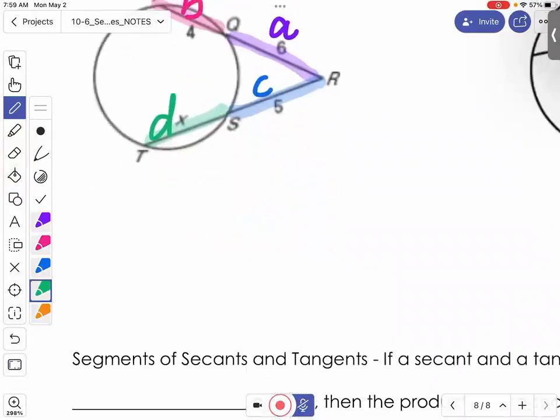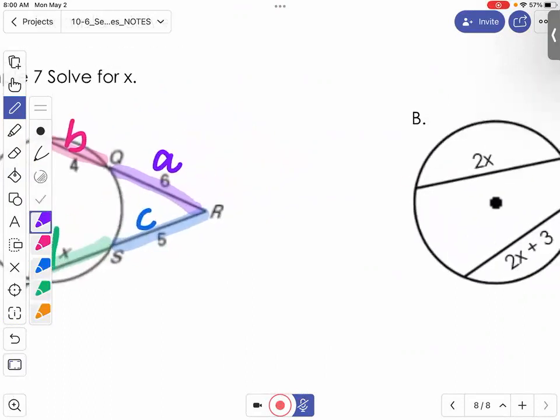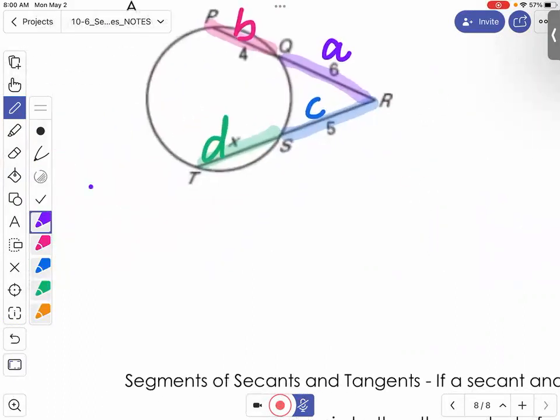So let's plug in what we have here. All right, so the formula says take your A, which is my 6, times A plus B, so 6 plus 4. And that should equal the same thing for the other secant.